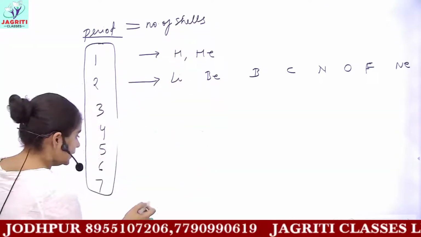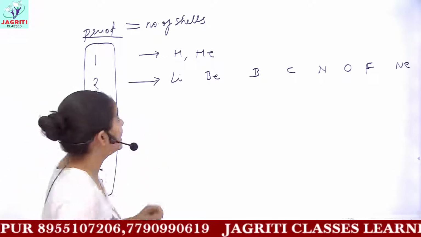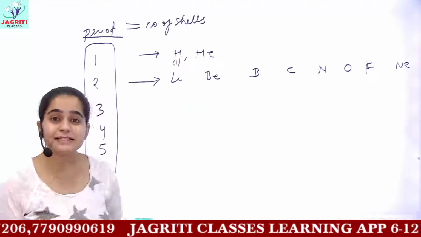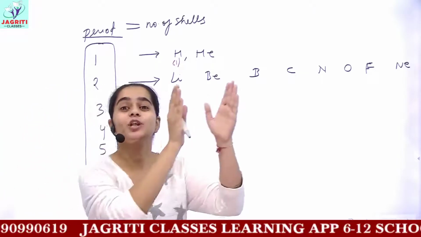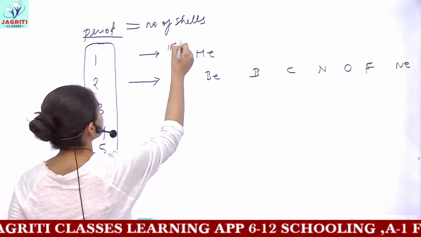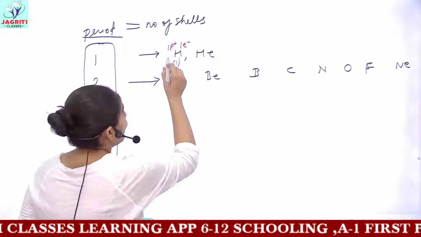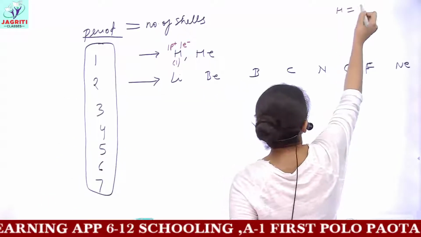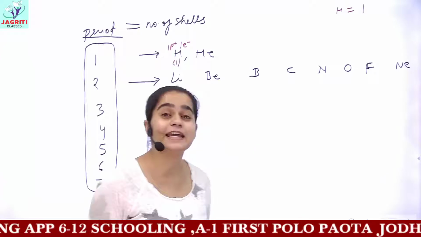For example, let's try to understand. The atomic number of hydrogen is 1. Atomic number means number of protons, which is equal to the number of electrons. So you have 1 proton in hydrogen and 1 electron. That means if I try to write the configuration of hydrogen, I would get 1 electron in the K shell.